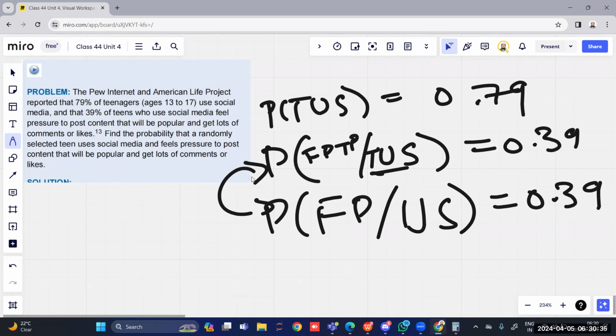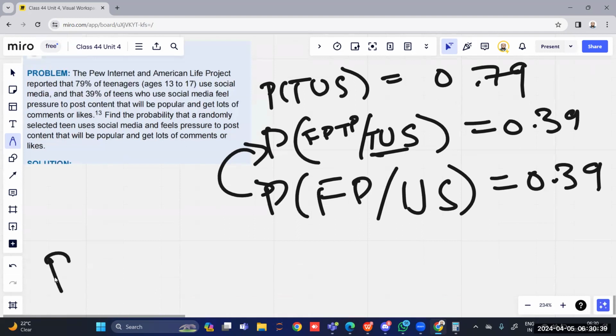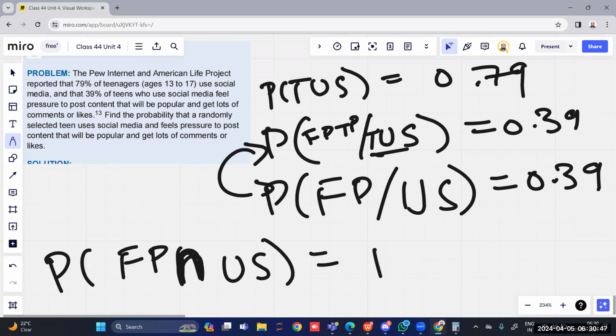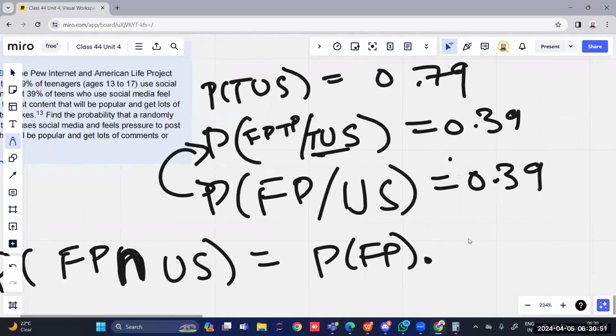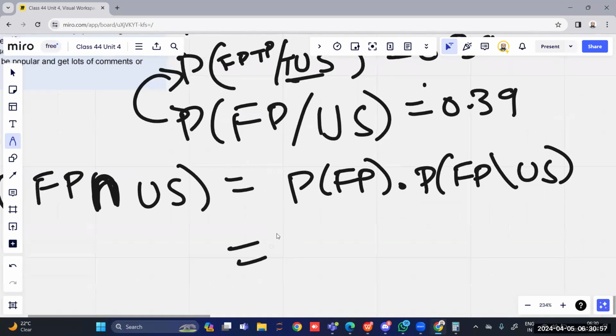Find the probability that a randomly selected teen uses social media and feels pressure. So we need to find FP intersection US, the probability of FP times the probability of FP given US. What is the probability of FP?